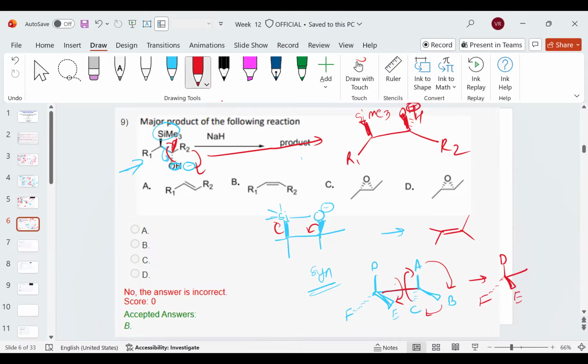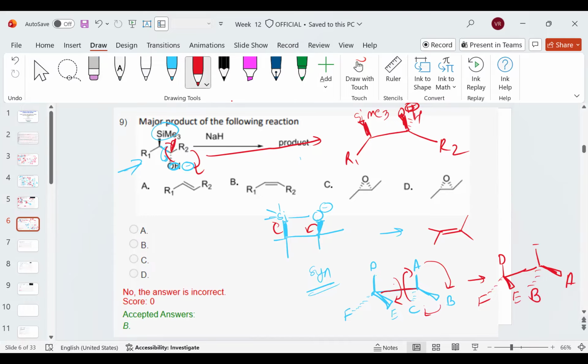Since we did the bond rotation here, after the bond rotation C comes in the place of A here, A comes in the place of B, and B came in the place of C. Sorry, I just gave the numbering incorrectly. So this A comes here, B comes here, and C comes here, right? That's what we did in this example also.